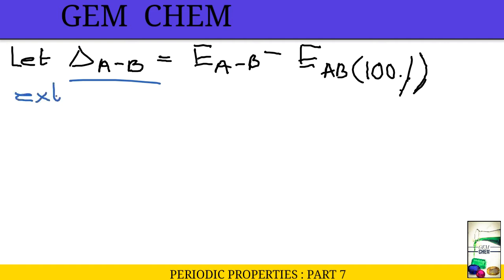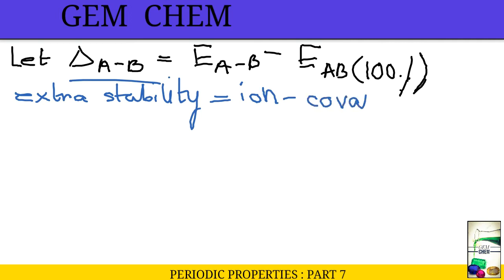So we can write it as extra stability of bond AB with respect to 100% covalent AB, and it can also be represented as ionic-covalent resonance energy.